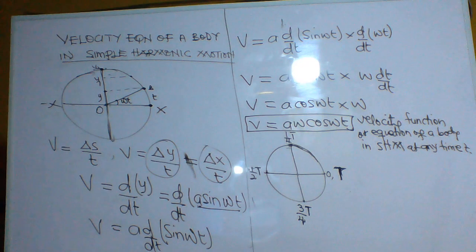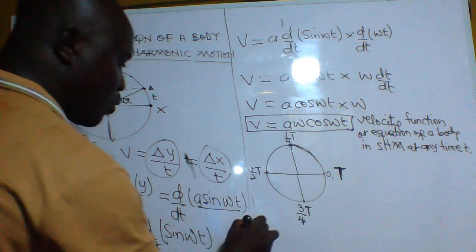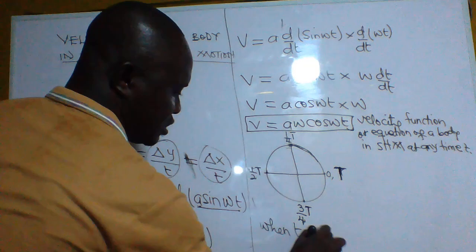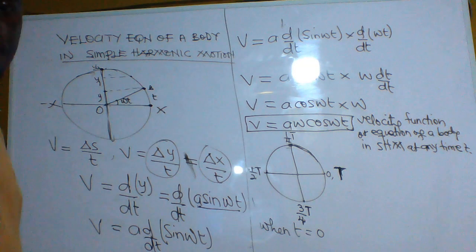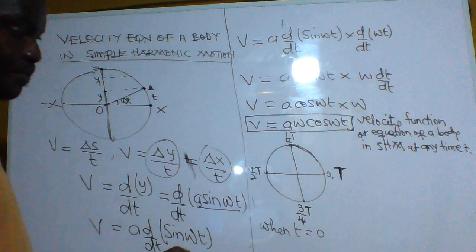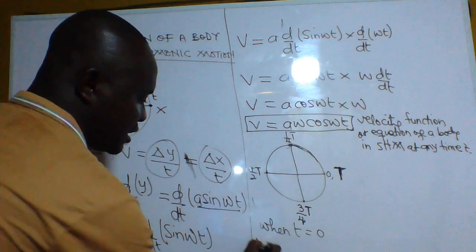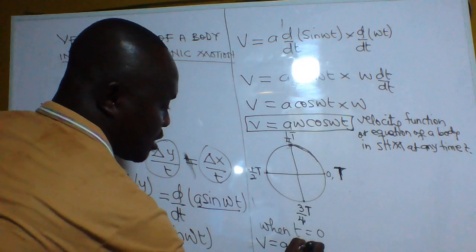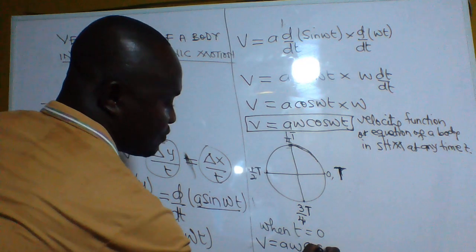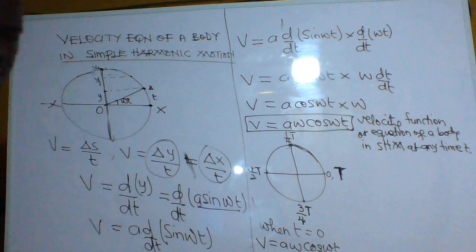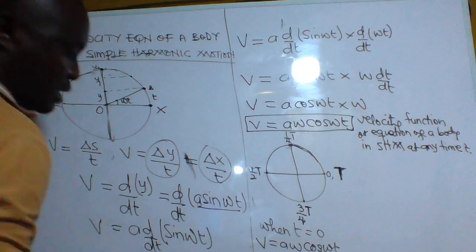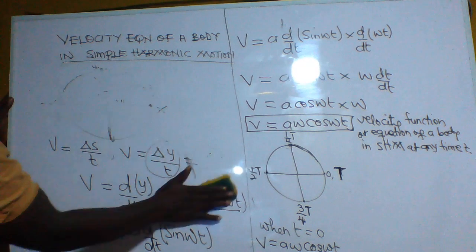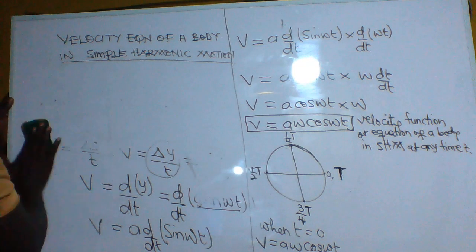Right. Okay. So when t is equal to 0, what's the velocity? Using the velocity function, v is equal to A omega cos omega t. Okay, let me clean this side for our analysis.